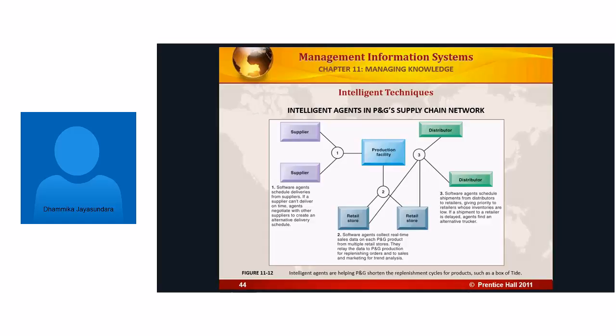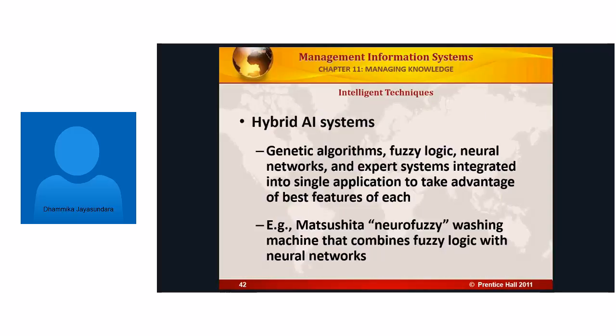Okay, 20%. Okay. Okay. 50%. Have you got any questions related to those areas?